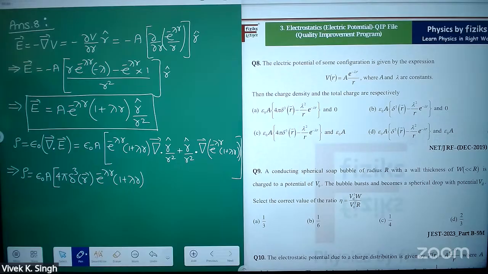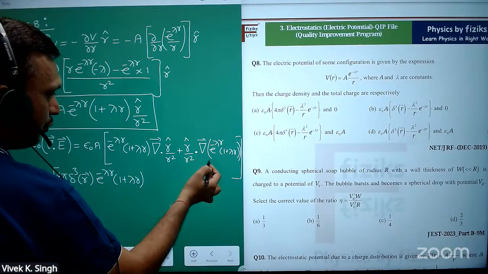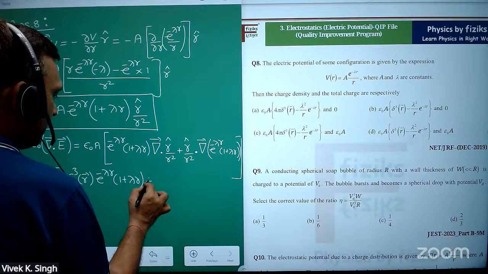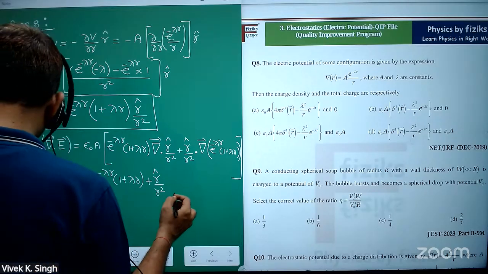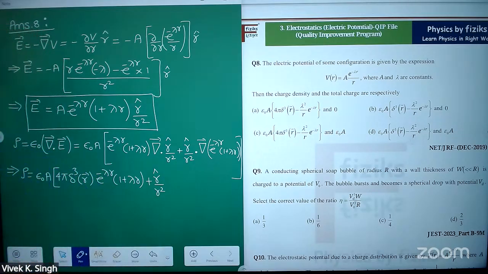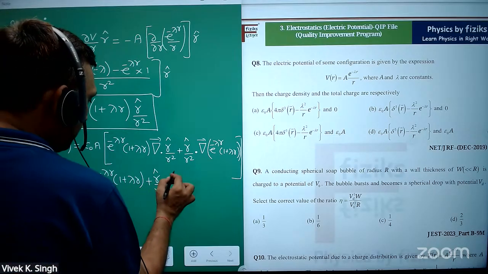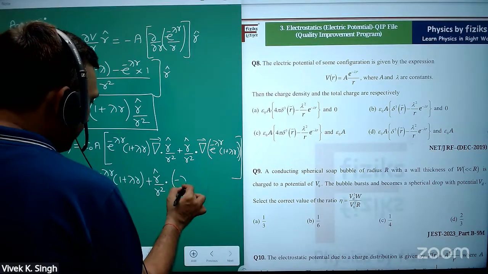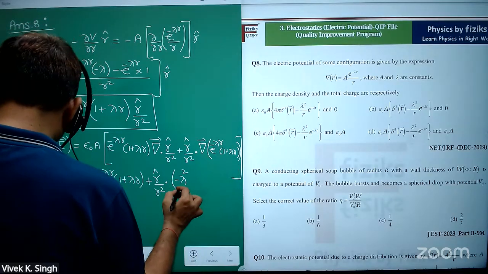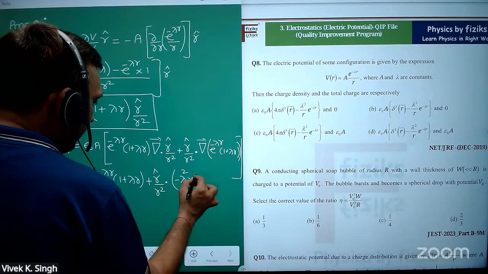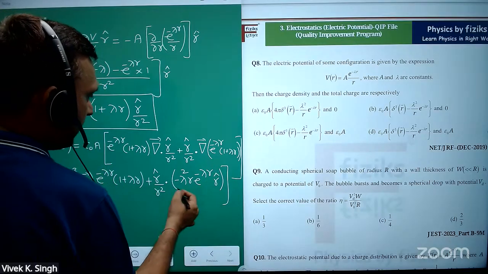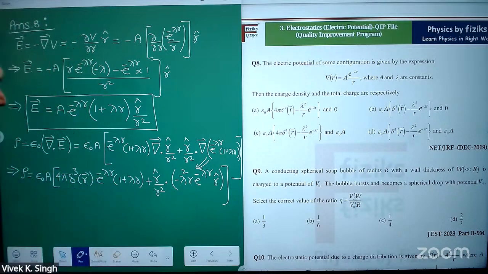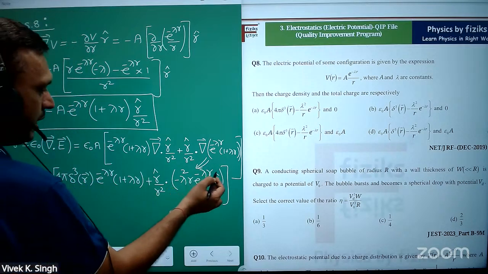And if you find the gradient of this value, I'm writing the result, you should verify it: R cap by R square dot, this will be given by minus lambda square R e power minus lambda R, R cap. You can easily check this gradient.